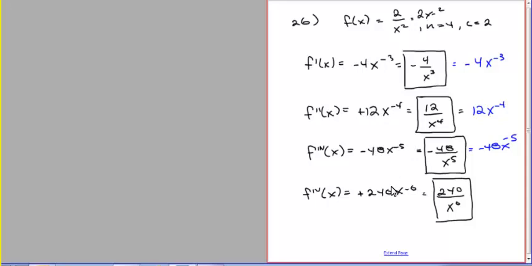Reduce the exponent by 1. And negative 5 times negative 48 is positive 240. Reduce the exponent by 1. So you can rewrite these by moving the negative exponent term to the denominator.